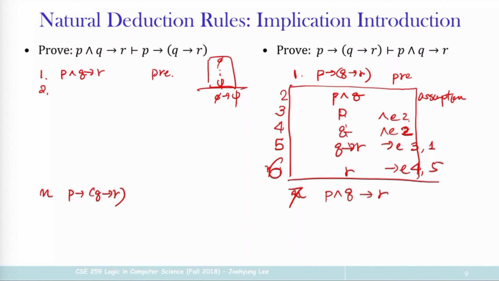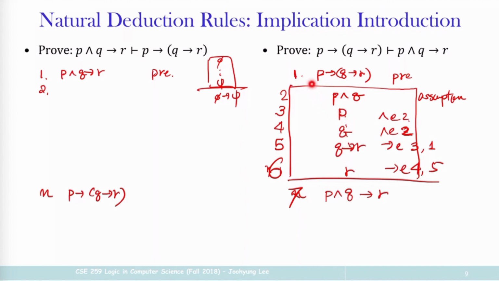Okay, so once we write down this proof, let's go through it together. The first line was a premise. The second one, we don't know, but we try to assume P and Q, and somehow if we can derive R, then we can derive the last line. So we wanted to have this box, and then from P and Q we can derive P and Q separately.